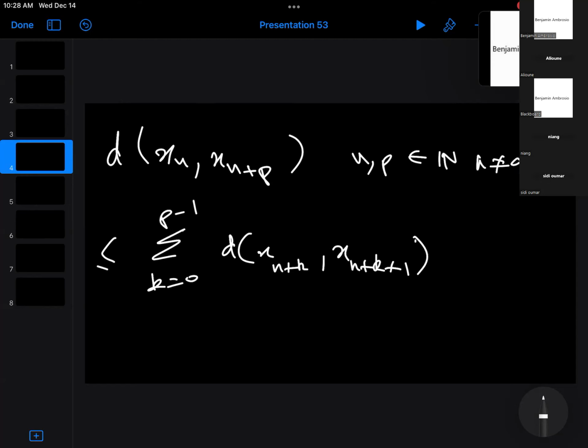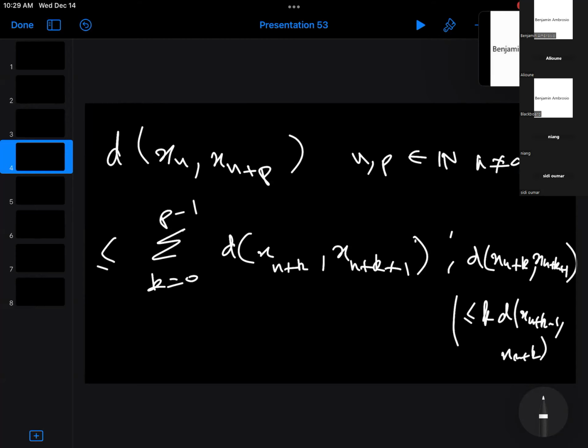Next, we are going to use the fact that d(x_{n+k}, x_{n+k+1}) is less than k d(x_{n+k-1}, x_{n+k}).